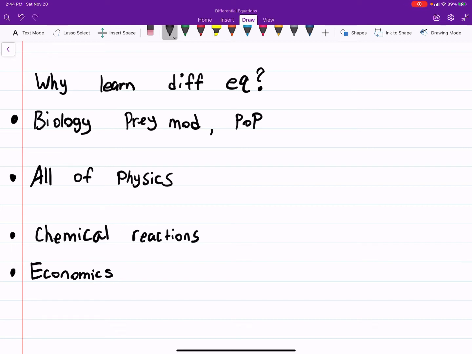So this branch of math is just used everywhere. It's just as useful as calculus, really. So if you are interested in any science, any engineering, or economics, this is all very important to know.